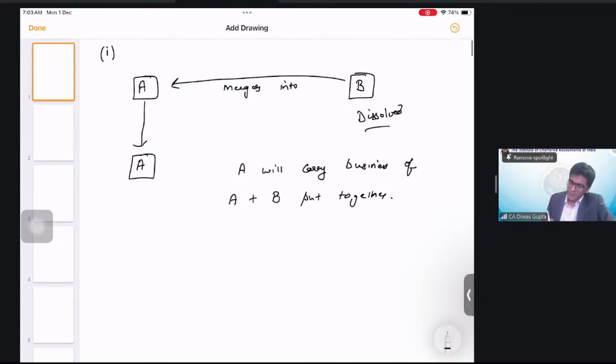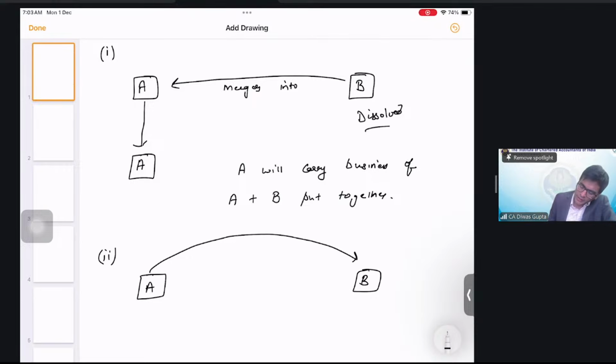Let's discuss the second form of mergers and acquisitions. In the second form, let's again take an example of A and B being two different companies. A acquires a majority stake in B Limited.